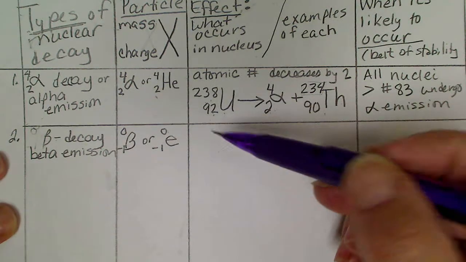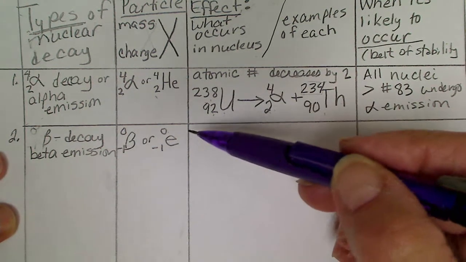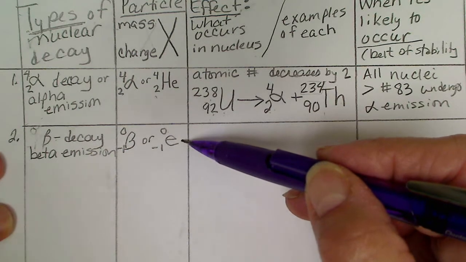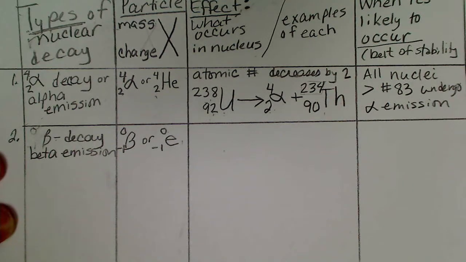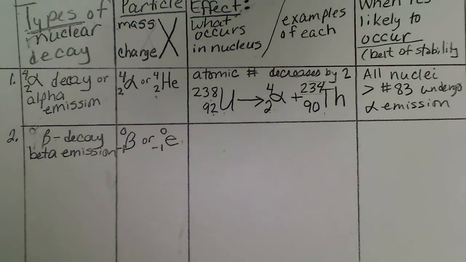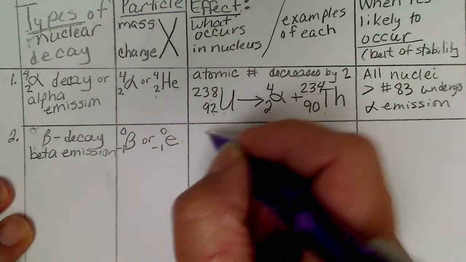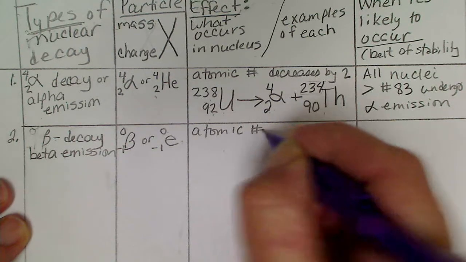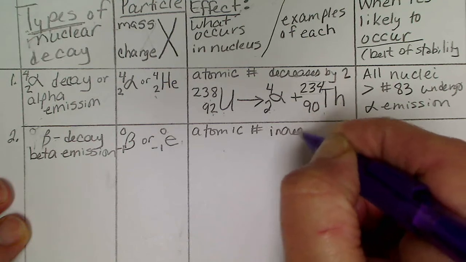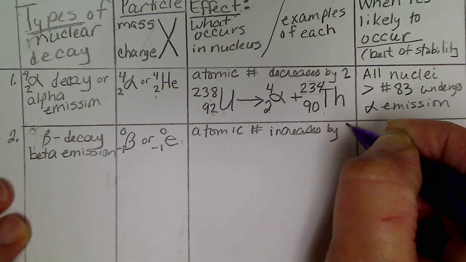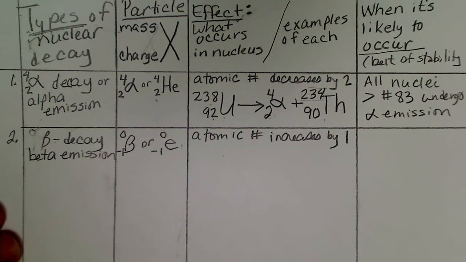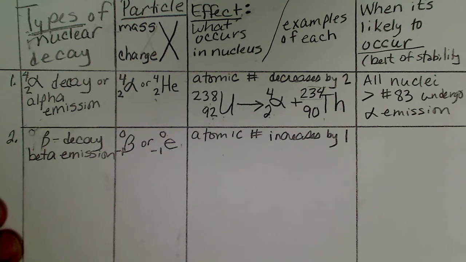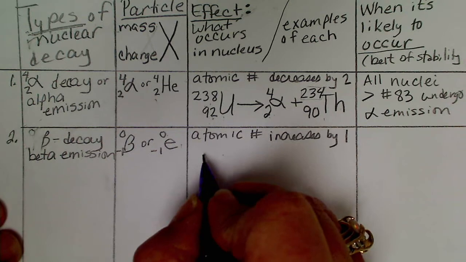And we know that an electron does have mass, but it's negligible mass, and so we can write 0 for that. And what happens inside the nucleus there, which I find to be the oddest type of decay, is that the atomic number increases by 1. And what's really happening inside the nucleus is a neutron turns into a proton.